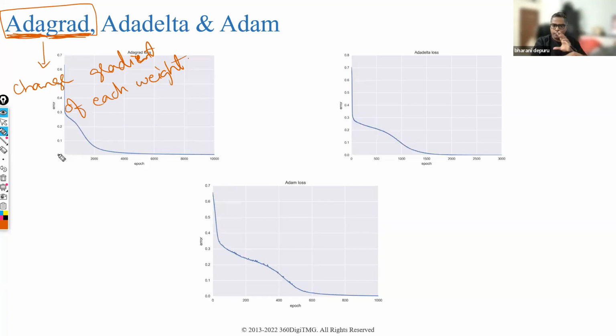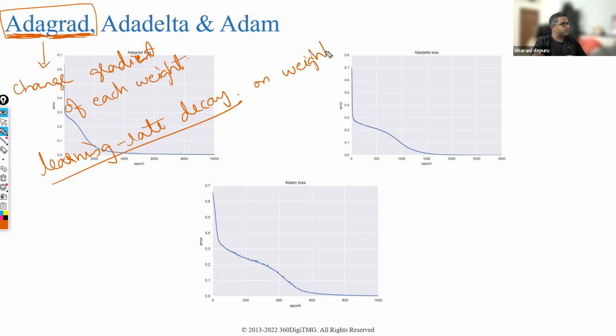ADA-grad is a way of performing learning rate decay. We already spoke about shrinking learning rate or learning rate decay parameters: exponential, delayed exponential, step. All these are decay parameters. But here we are going to apply the decay parameter on a weight by weight basis.